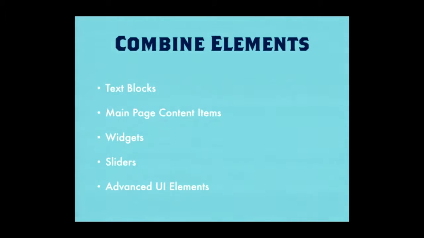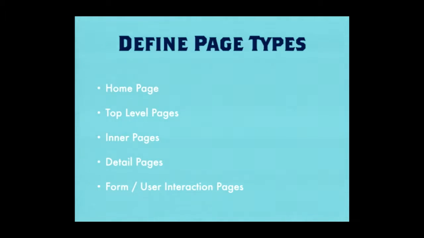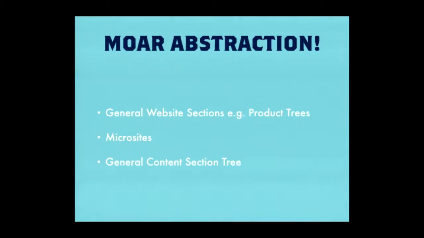But if you can get to where you actually have some page types, this is where you can start taking Photoshop and using Photoshop less. And then finally, once we keep going, we can abstract this way up there. We can have whole website sections in your style guide.